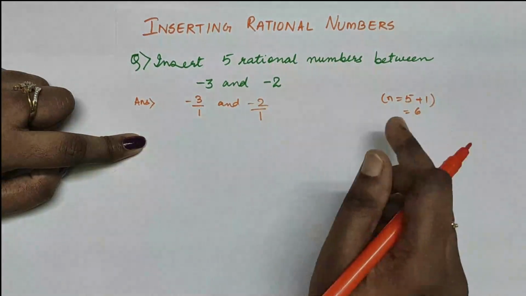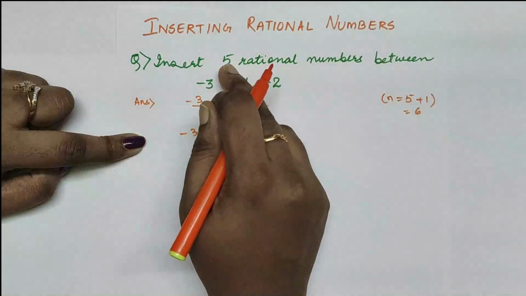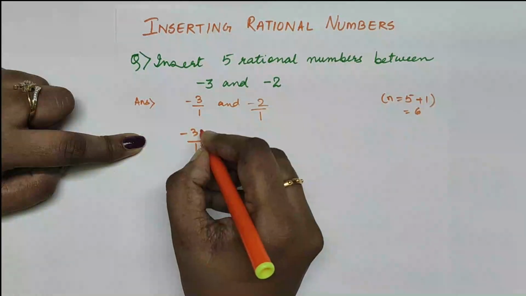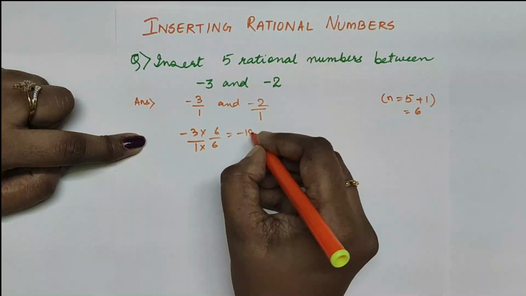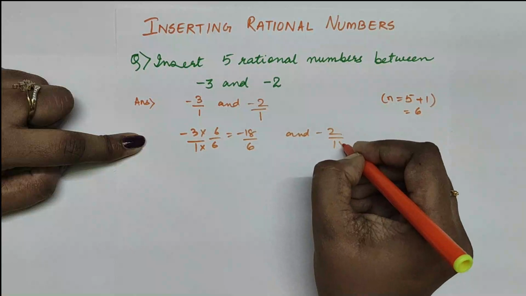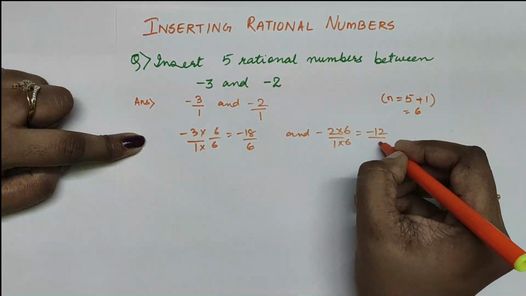Then I need to multiply that number with the denominators. Five numbers are to be inserted, so n plus 1 becomes 6. Multiply the numerator and denominator of these numbers by 6. So I get -18/6 and -2/1 times 6 becomes -12/6.